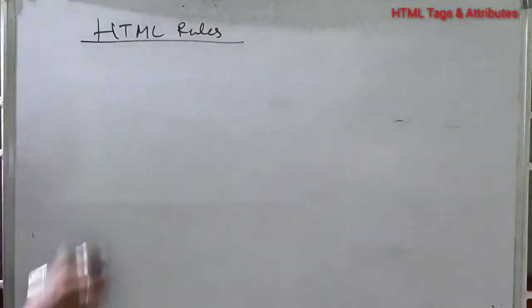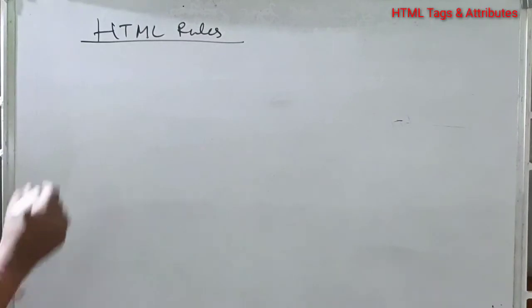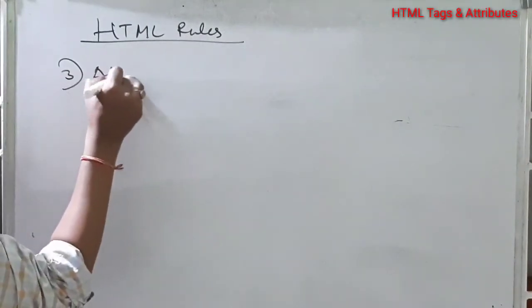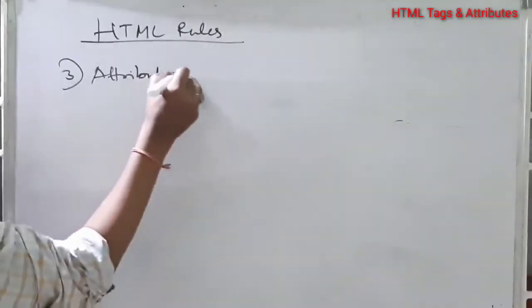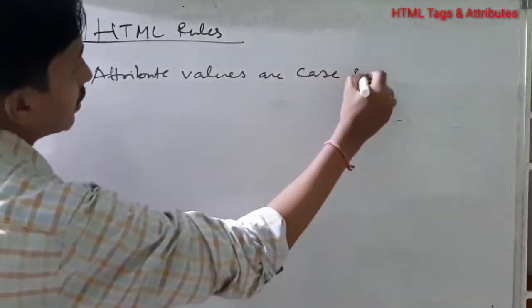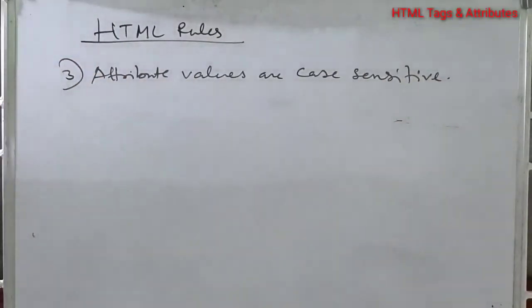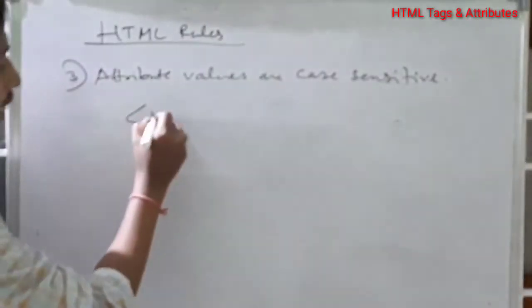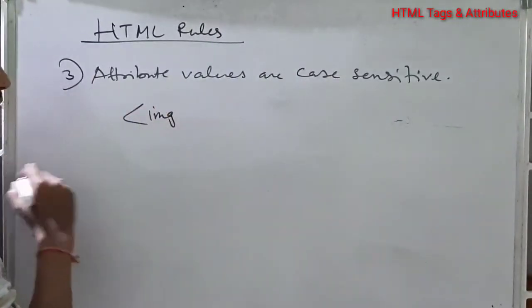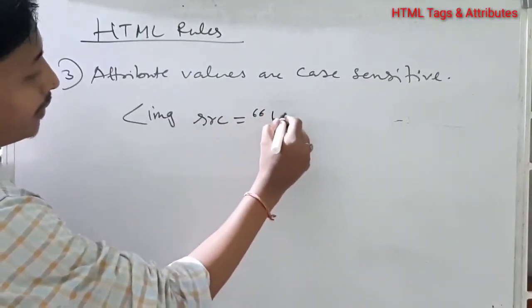Number 3 rule: attribute values are case sensitive. Means what? For example, say I am inserting an image here. img src equal to bar.jpg.